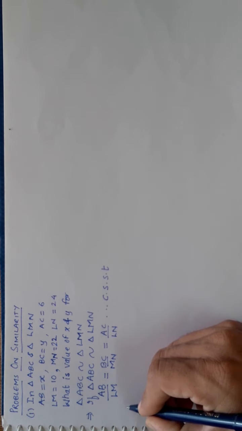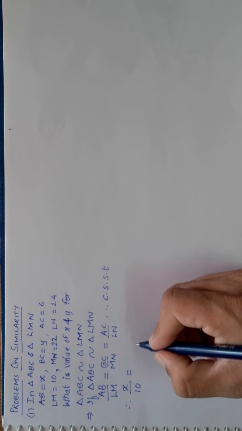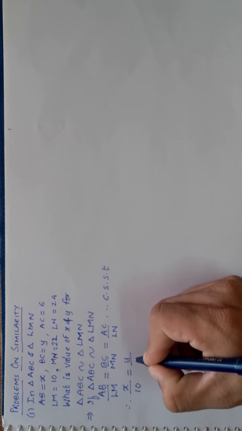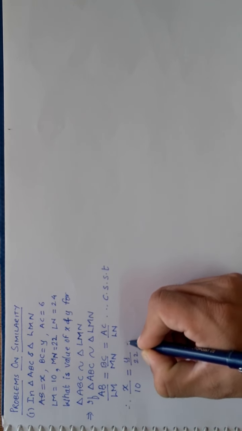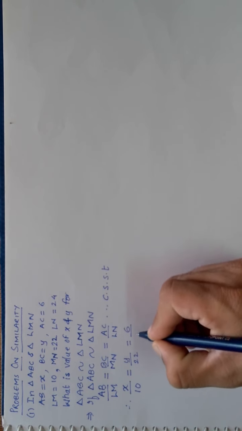I will just input the values and check what will happen. Here AB is given to you as X and LM is given to me as 10, is equal to BC which is Y, MN which is 22, and AC which is 6 and LN as 24. Agreed?